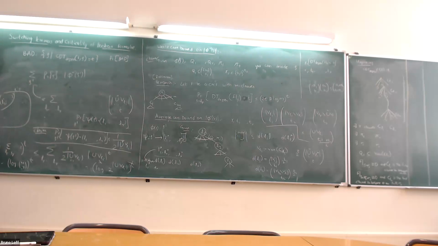Right. So the average value is less than the value at the average, and the value at the average turns out to be the number of L1 to LR. Okay. All right.